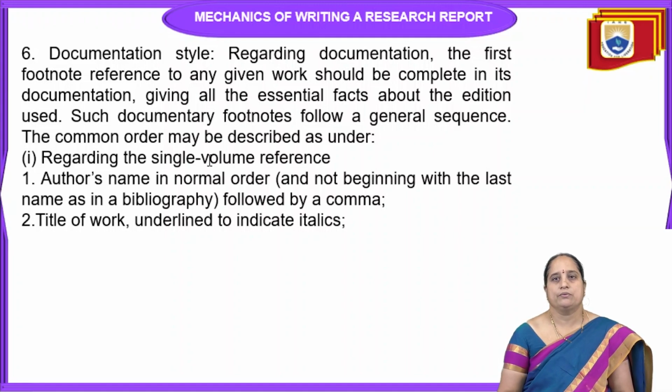If you have only single authorship and you are going to use only one single volume, then we need to specify the author's name in normal order, not beginning with the last name as in a bibliography, followed by a comma, and then mention the title of the work, which should be underlined to indicate italics.